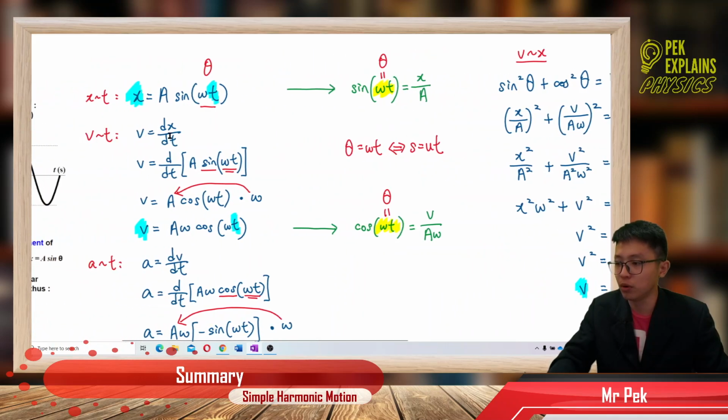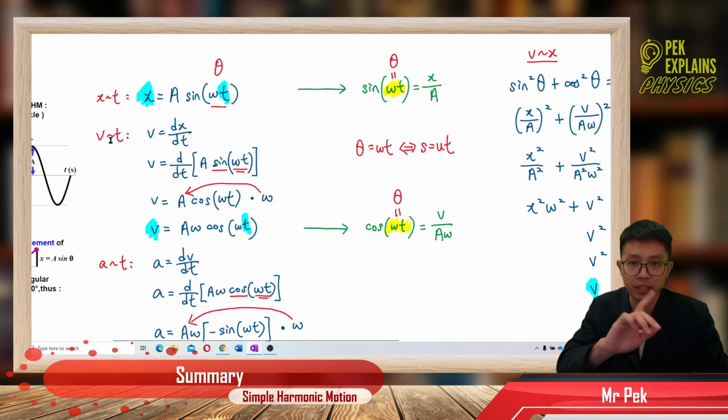First of all, to get the velocity displacement equation, we will use both the x-t and v-t formulas. The x-t formula is x equal to a sine omega t. This omega t I just change to theta. So I rearrange this formula: x equal to a sine omega t becomes sine omega t equal to x over a.